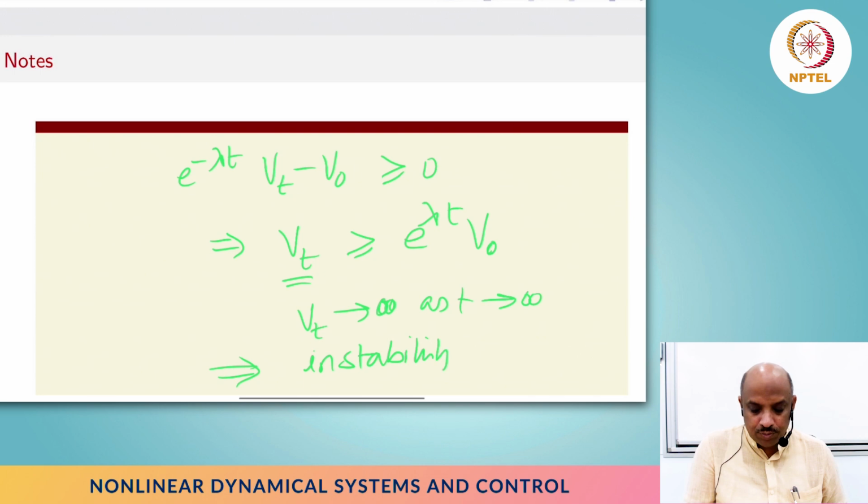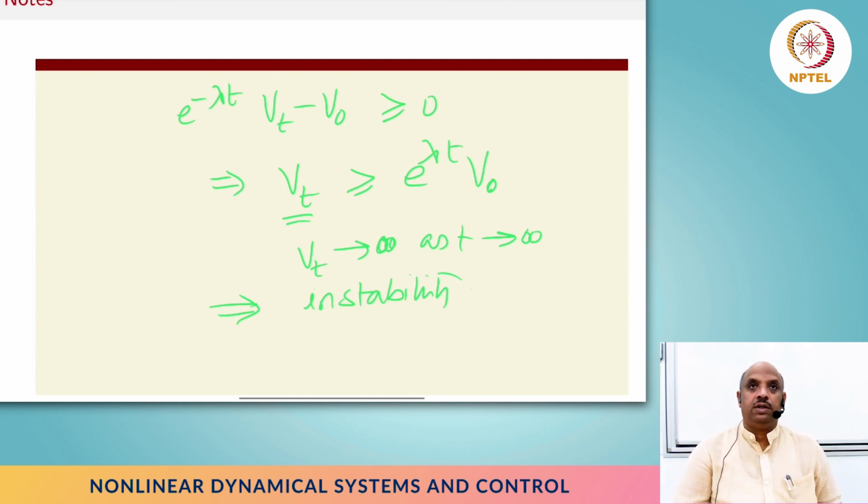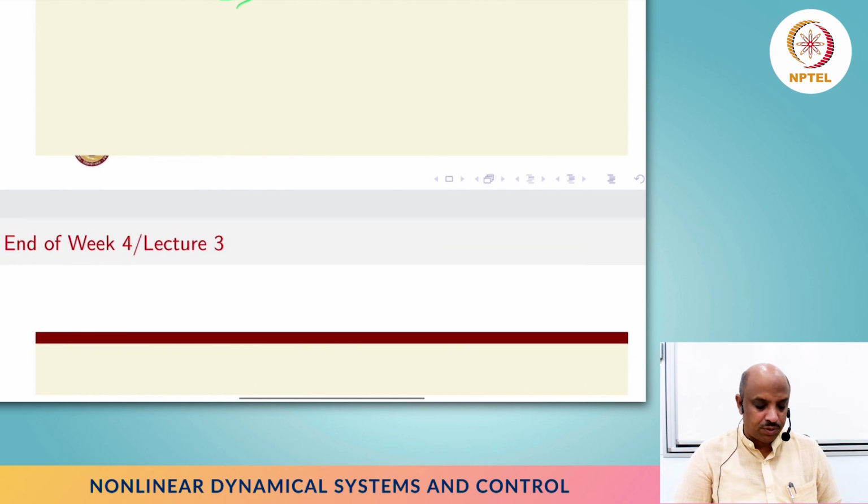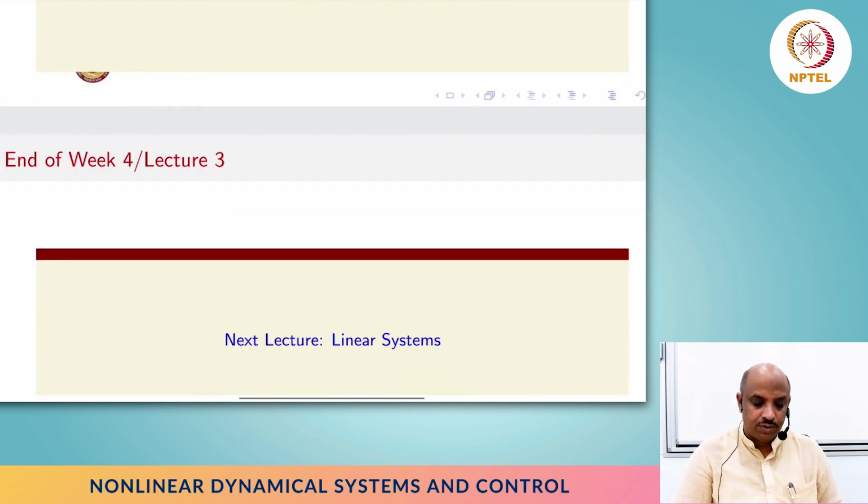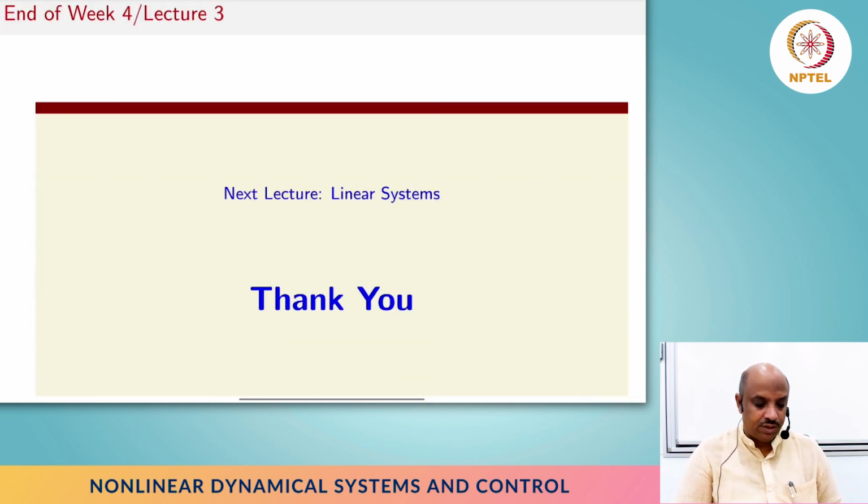This is the proof of that particular theorem that I presented the other day, Lyapunov's second instability theorem. That is a sense of how to solve various problems. The standard process is always to use this V, find the V dot and analyze, even in the case of the instability theorem. So that ends the lecture on this problem solving.